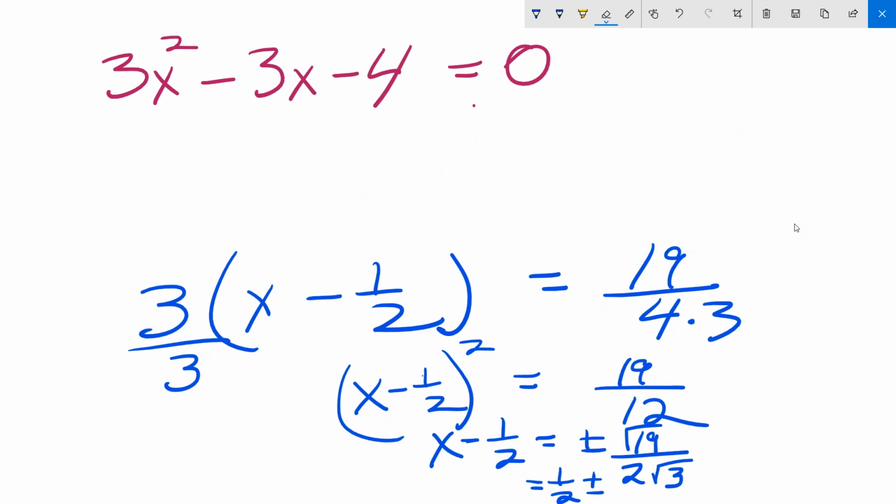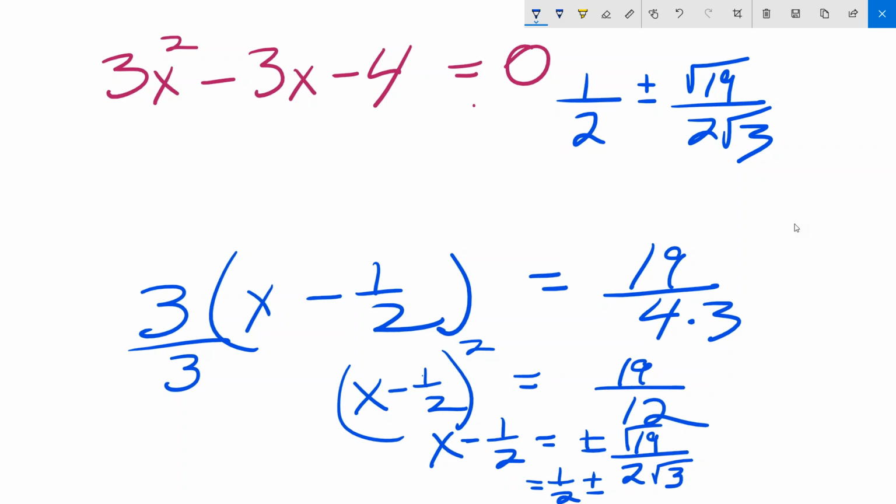What's wrong with it? The 1/2 and the 2 root 3. Well, here, let me write that the way you said it. That was root 19 over 2 root 3, correct? Okay.